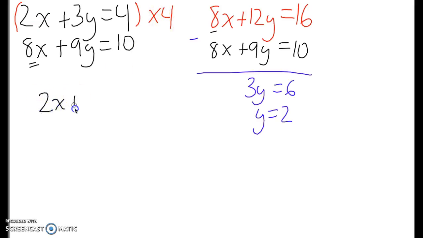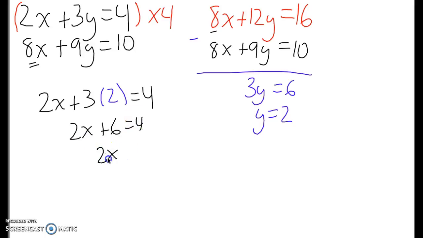So I have 2x plus 3, and now y is actually equal to 2, equals 4. So I have 2x plus 6 equals 4. 2x equals negative 2. Therefore, x equals negative 1. And I have my solution to my system of equations.